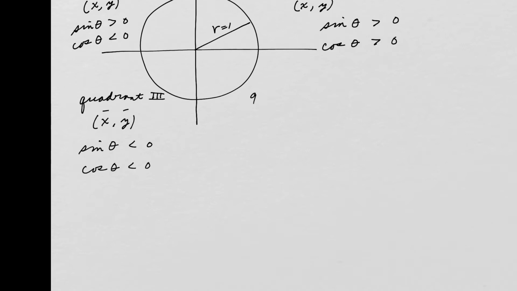And in quadrant 4, the x is positive, but the y is negative. So that means sine of theta, which is equal to y, will be less than 0. And then the cosine, which is equal to x, will be greater than 0.